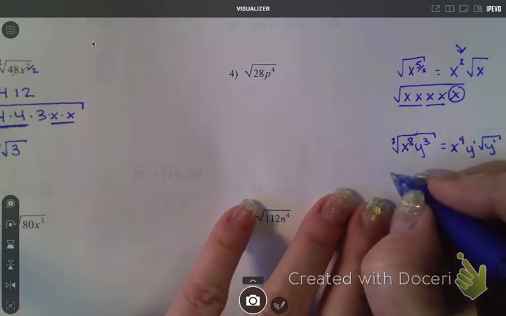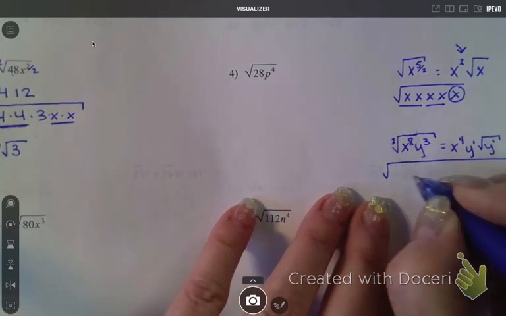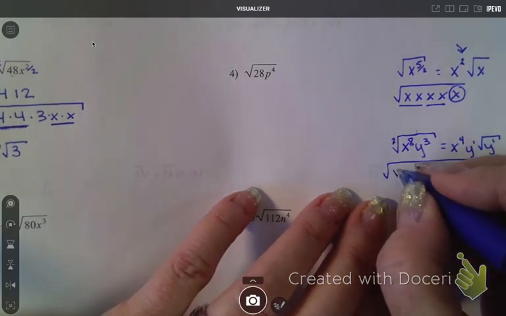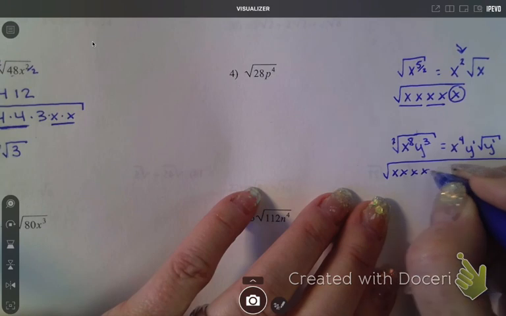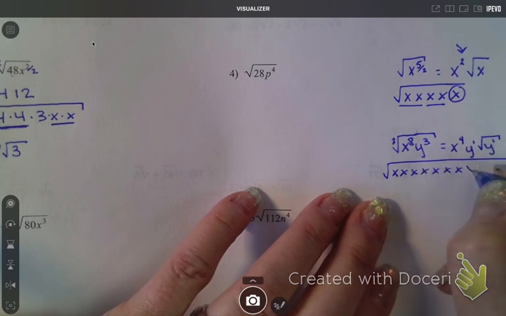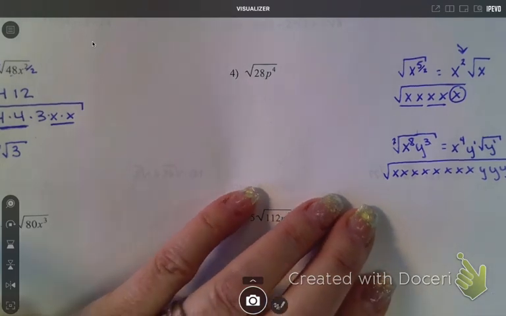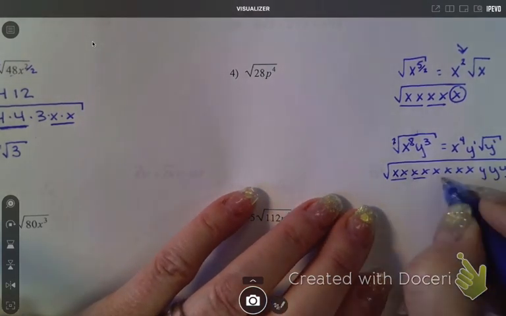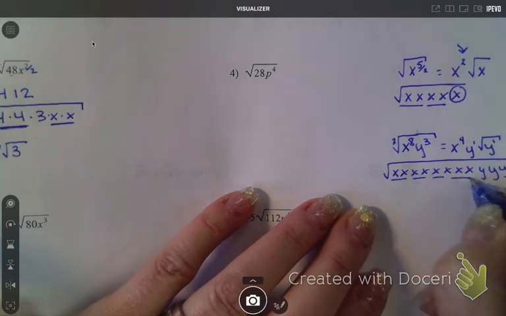So I'm going to write it all out so you can see it. Pairs go on the outside, just like the non-variable square roots. Ones go on the inside. So 1, 2, 3, 4, 5, 6, 7, 8. 1, 2, 3. If I wrote them all out, I've got 4 pairs.